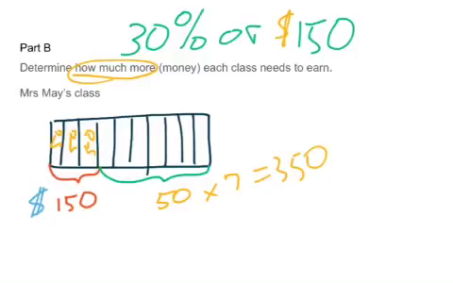So it turns out that the entire goal was $500, and you could have subtracted 500 minus 150, and you would have also gotten 350.